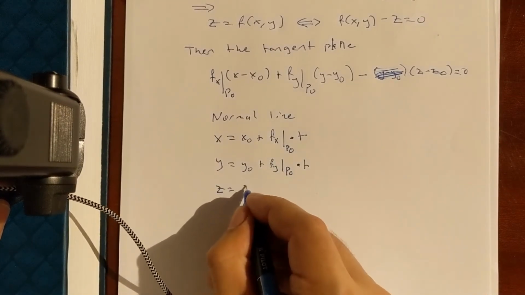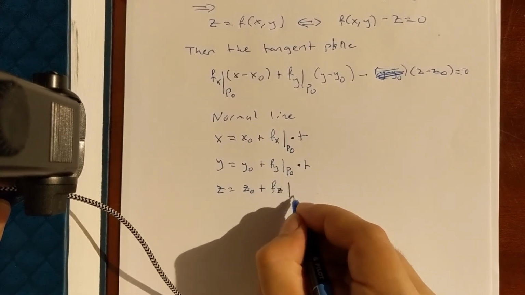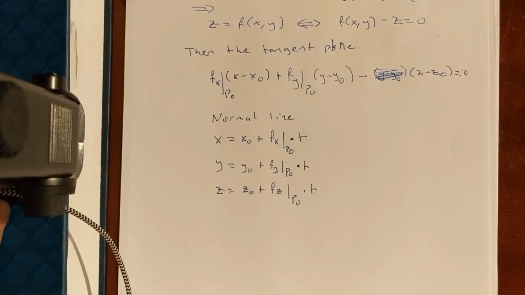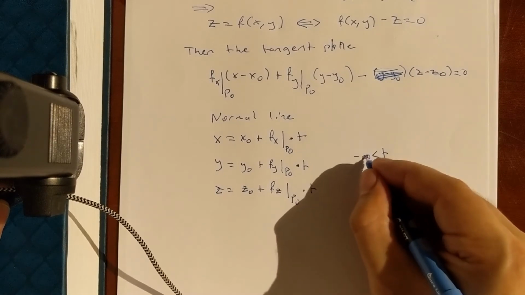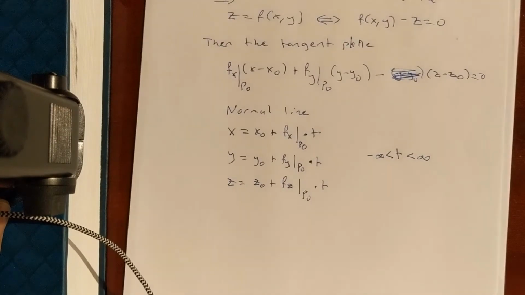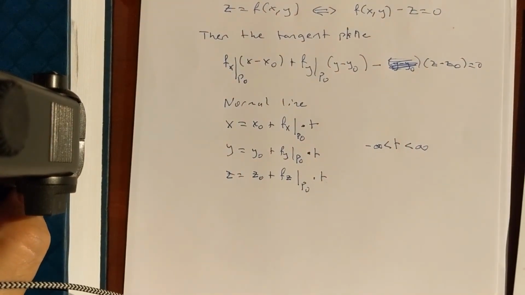And the z component is going to be z naught plus f sub z evaluated at P naught times t. Of course, because these are lines, t is between negative infinity and infinity. So that's all we're going to do.